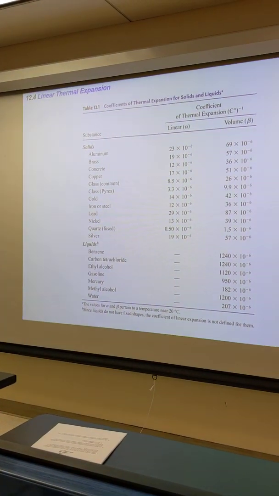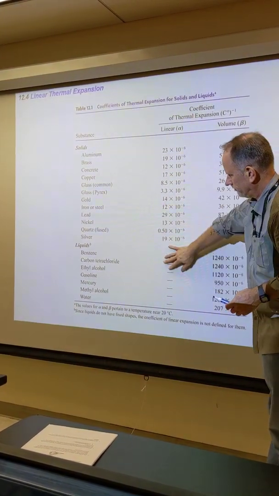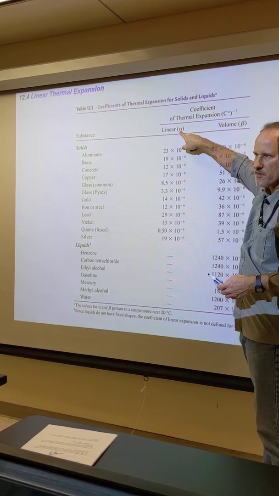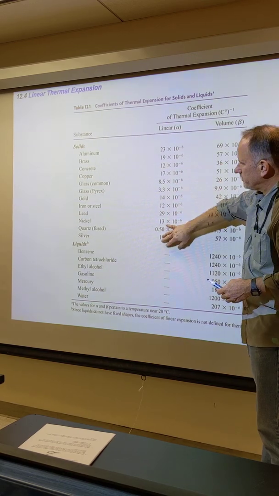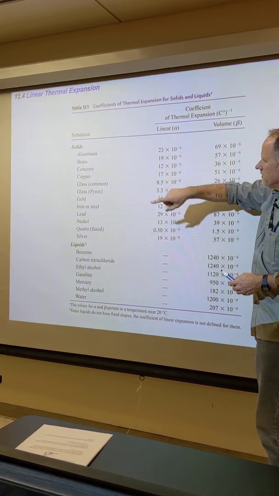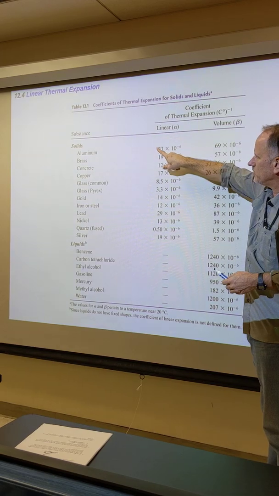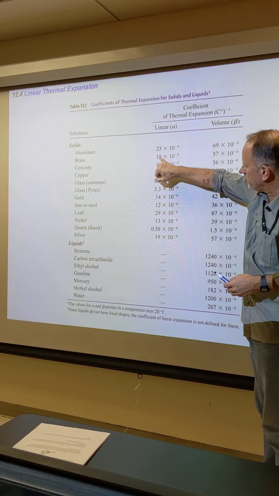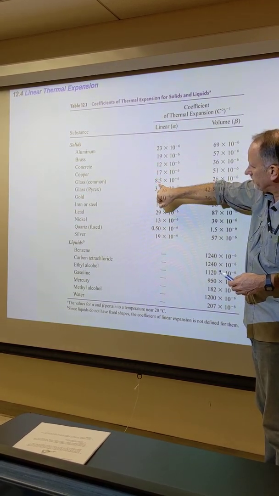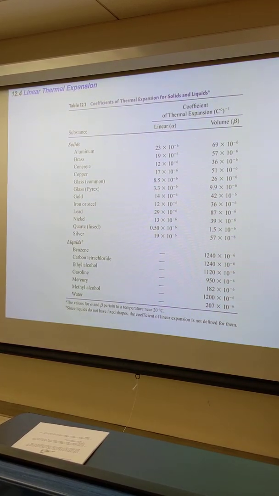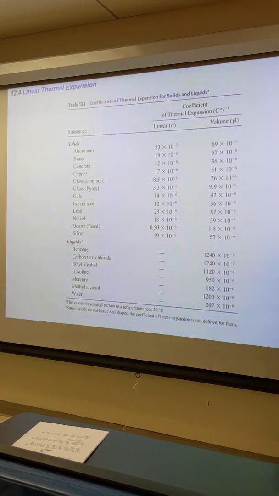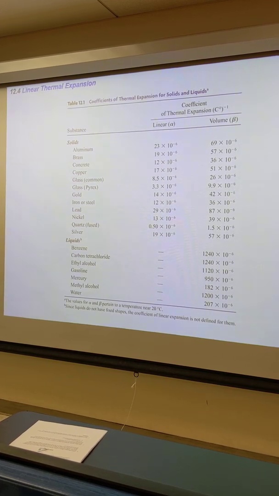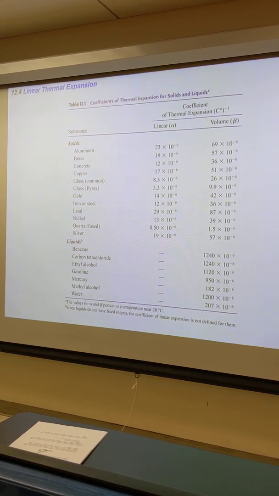Let's take a look at that chart. All right, so where are we looking? We're looking here. This is the linear coefficient of expansion, alpha. And let's take a look at some different types of materials. So you'll see aluminum, this is 23 times 10 to the negative 6, but these are all 10 to the negative 6. Focus on these numbers here, okay? So based on these numbers, just in this piece of the chart, which one will stretch the most given any kind of temperature change? Lead.